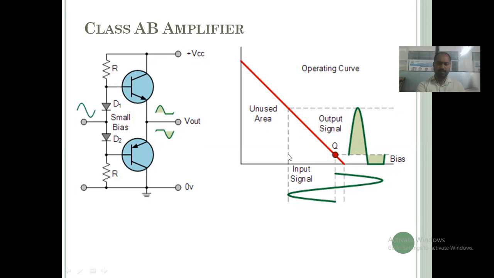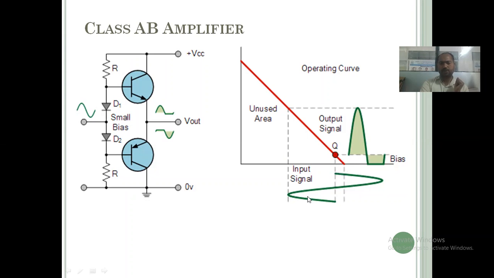Negative indicates the smaller portion. Okay, so for that purpose, the Q point is not here. Q point indicates the operating point, because in this case whatever the operating point is, it should be greater than 180. So that's why the Q point position is not here, it should be shifted to the earlier part.